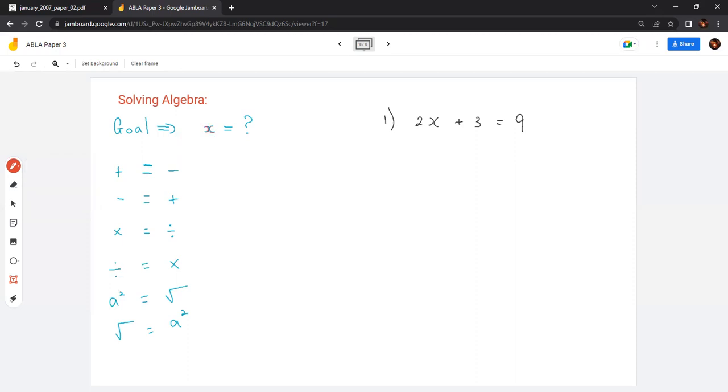So I want to carry everything else across the equal sign. So I'll have x alone on one side and a number on the other side. So because we're looking to move, if you're looking to move, don't you pack stuff?